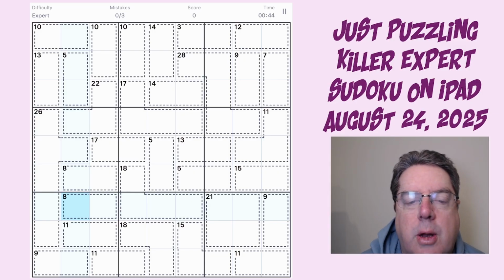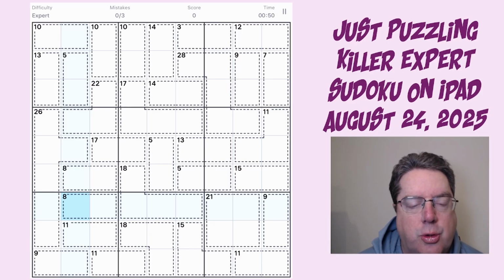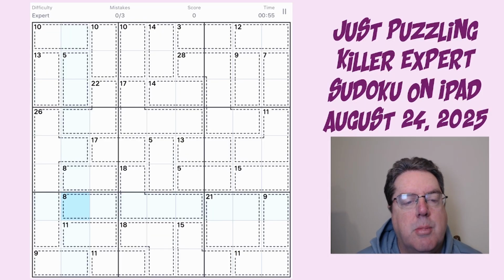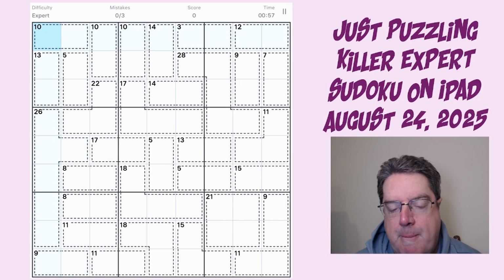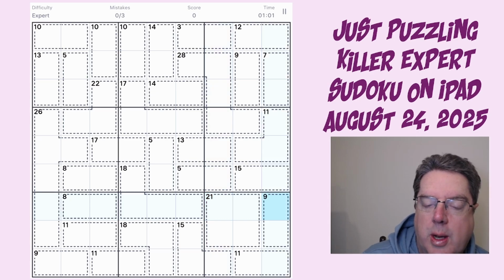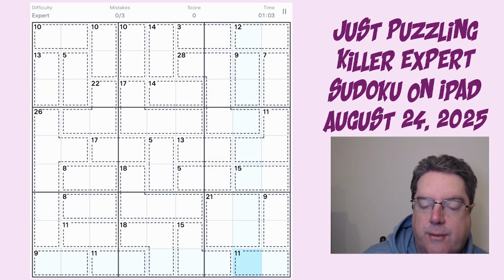The other little thing that I'll tell you is that the numbers 1 through to 9 add up to 45. So 1 plus 2 plus 3, etc. adds up to 45. And I'll show you exactly why this is going to be important for this square and this square. So let's start. 21 plus 9 is 30, plus 11 is 41.